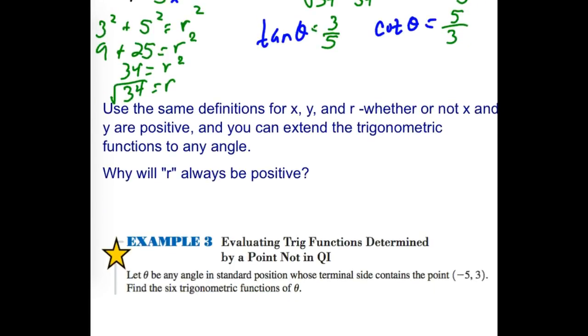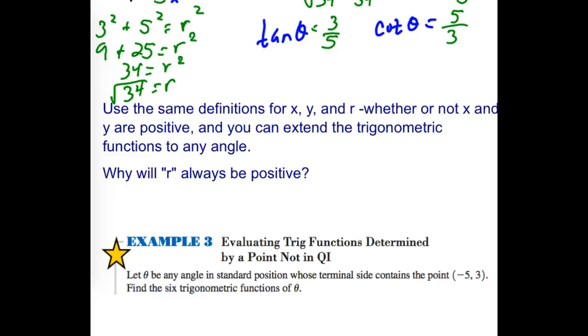We use the same definitions for x, y, and r whether or not x and y are positive or negative. Meaning, we can move to other quadrants. We've talked about that x's and y's change signs depending on what quadrant we're in. But we can still use those same values. Okay? So, why is r always going to be positive in this scenario?